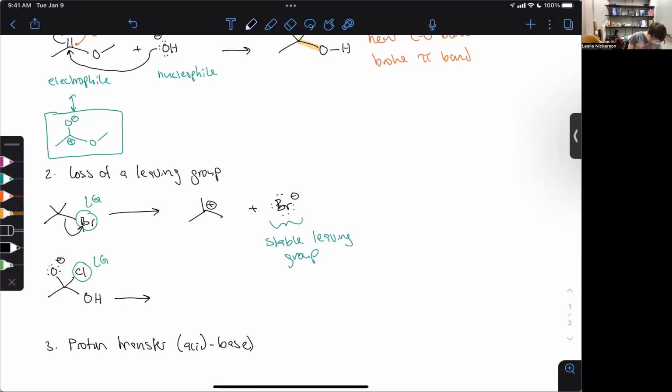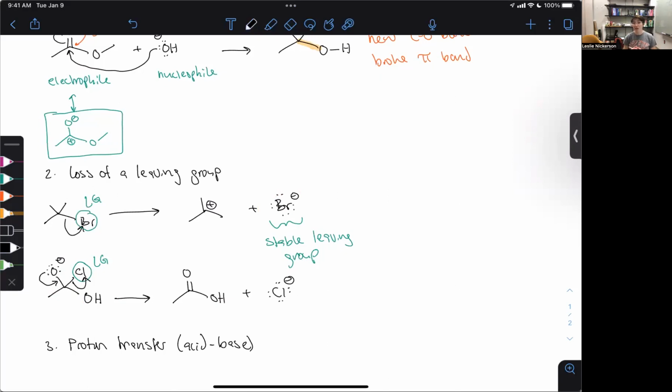And we're going to push it off by the reformation of a pi bond. So we form a pi bond, and at the same time, that kicks off that chlorine atom. So now I formed myself a carboxylic acid and Cl minus. Again, it's a stable leaving group, it's a stable anion.